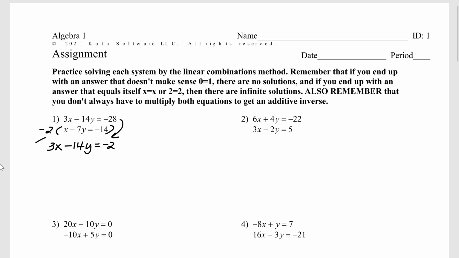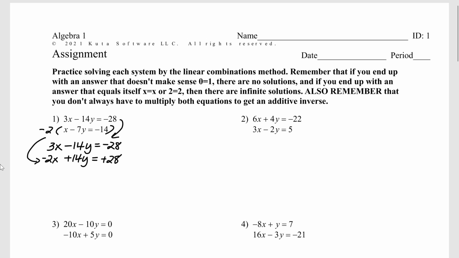And then I'm going to rewrite the bottom equation. After multiplying everything by -2, I get minus 2x plus 14y equals a positive, because we did multiply by negatives, and this one was a 28, positive 28. Okay, so seeing how that's going to cancel as well, right?